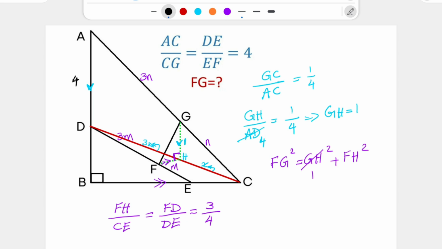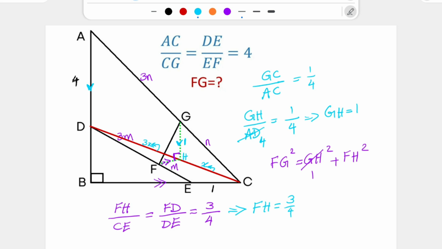Since we're given that CE is equal to 1, we can conclude that FH is equal to 3 over 4.